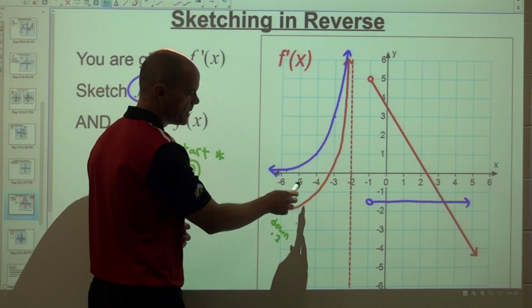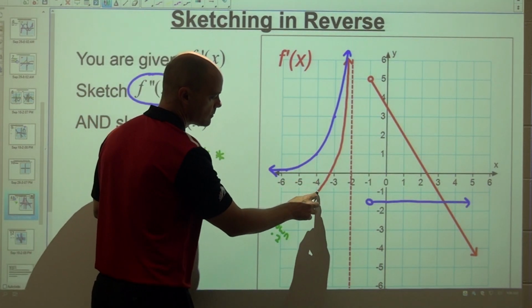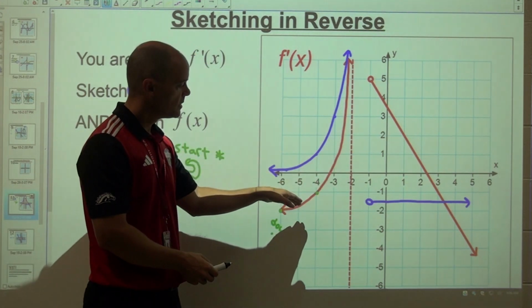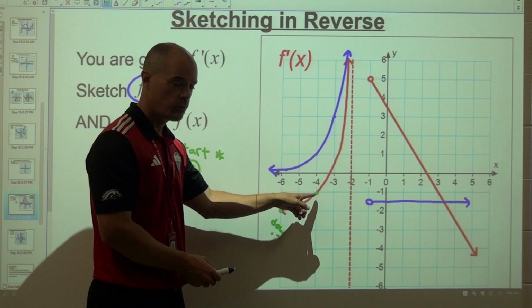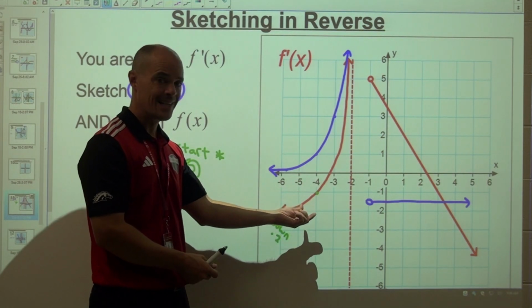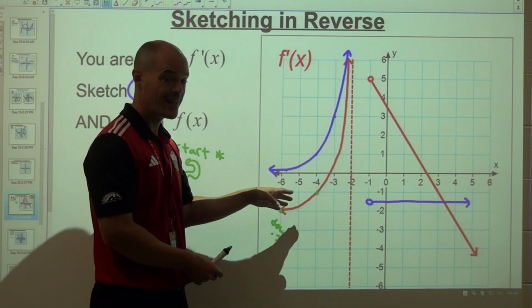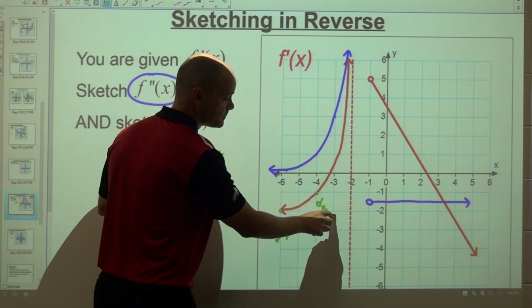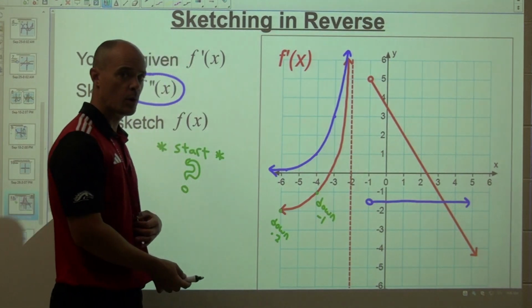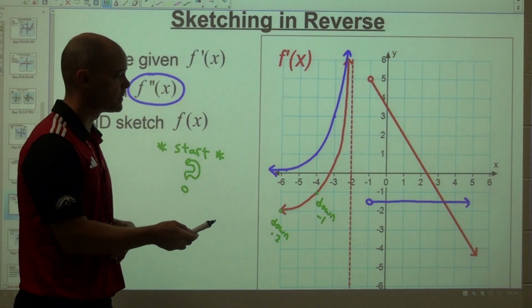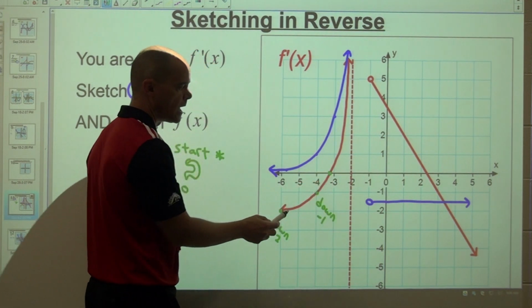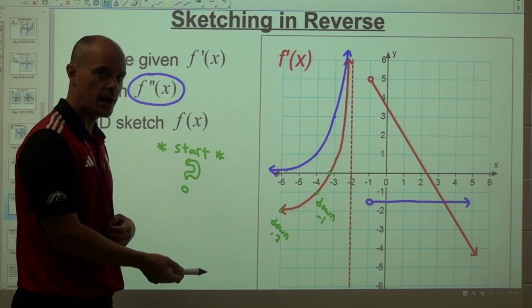Keep playing this game. At negative 4, let's say, right here, this coordinate on the red graph is negative 4, negative 1. Negative 1 is the slope. This is the derivative, so that is the slope. So my original curve is moving down at a rate of about negative 1. Then what happens? Something really unique happens right here. I stop moving down.